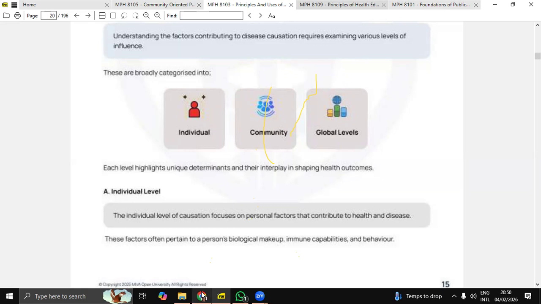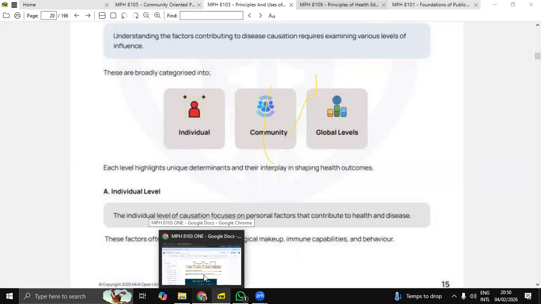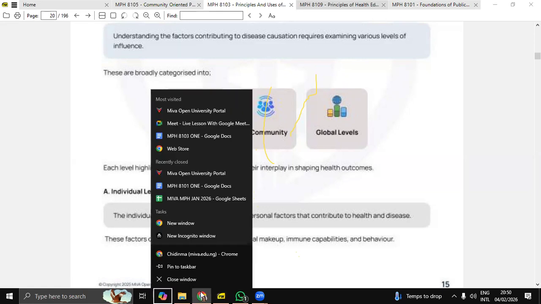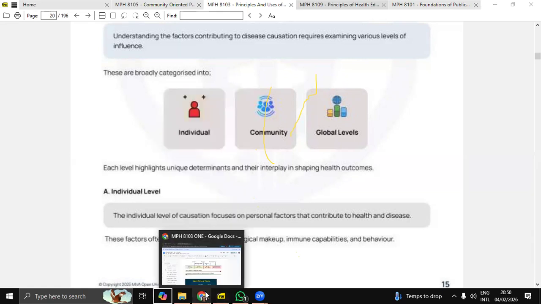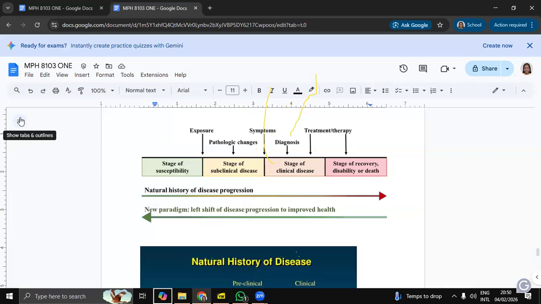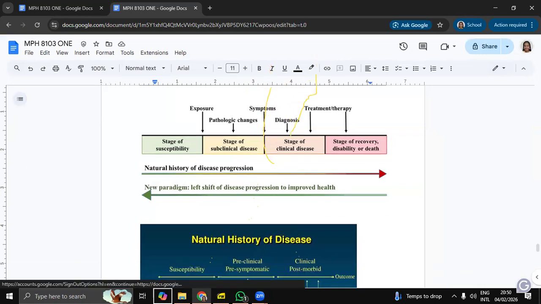So I have one image that I had here, let me see. Okay. If you see the screen, this is what we are going to use to explain the natural history of disease and talk about prevention.